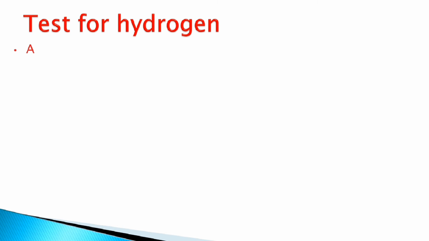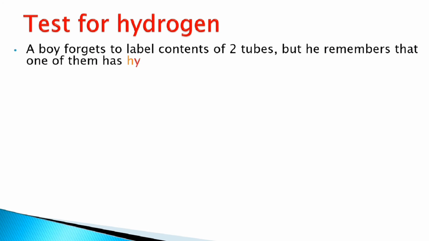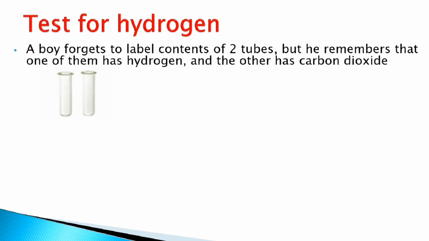Firstly, we are going to take the tests of hydrogen. For this, I am going to tell you a very unique story of a boy and a teacher. A boy forgets to label the contents of two tubes, but he remembers that one of them has hydrogen and the other has carbon dioxide, as these are the two test tubes.